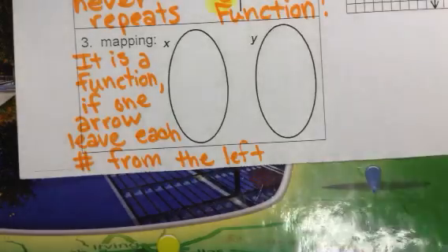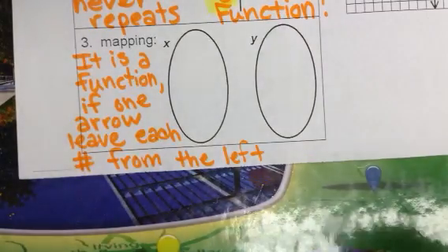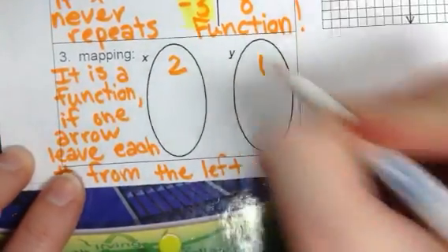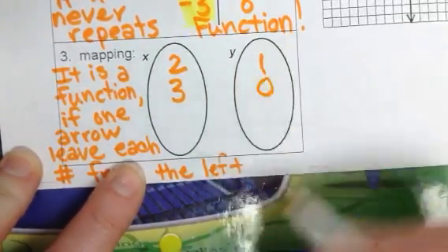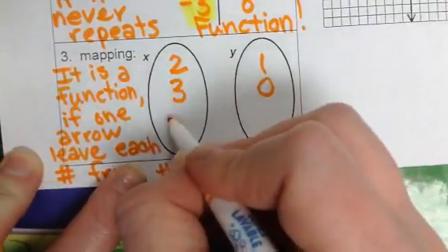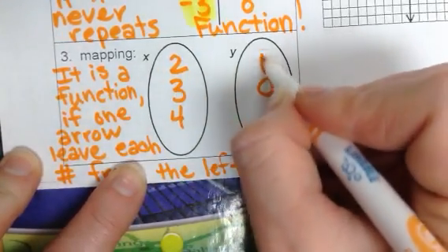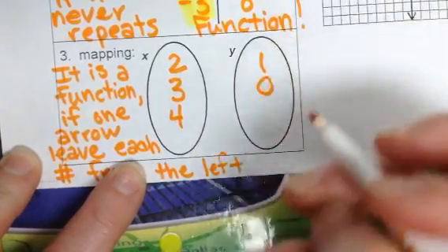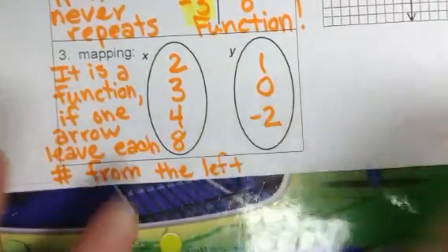So mapping is just another way that they can represent ordered pairs. So we're going to have the mapping 2, 1, 3, 0, 4, but we're going to map it to this 1. So since that 1's already on this side, I don't have to rewrite it. And let's say 8, -2.